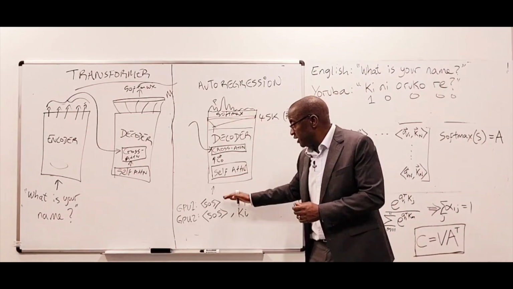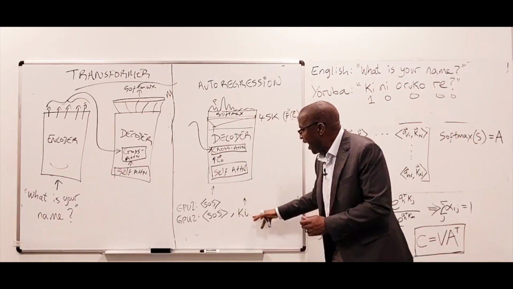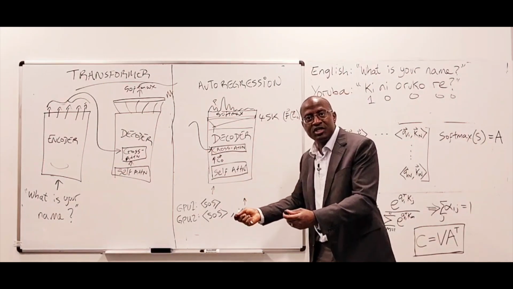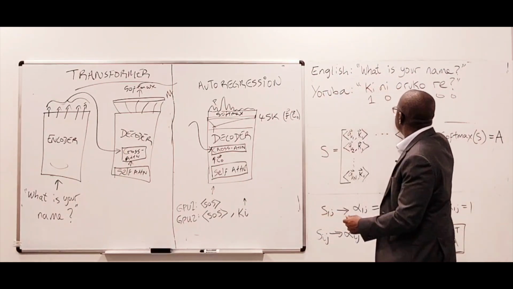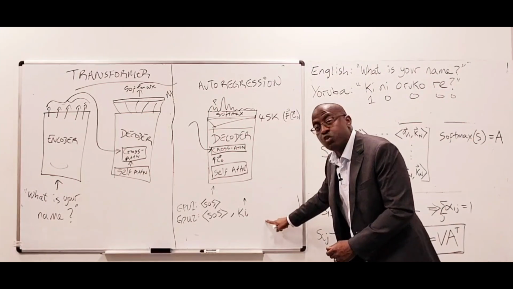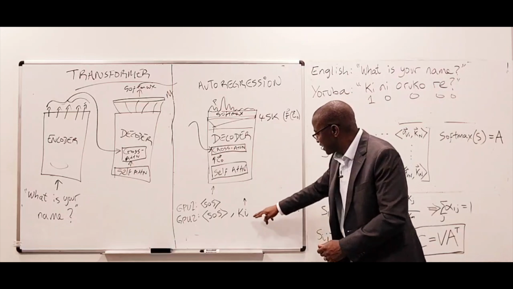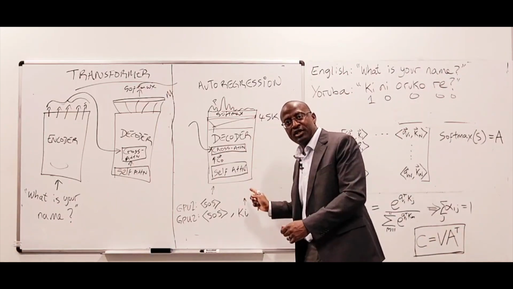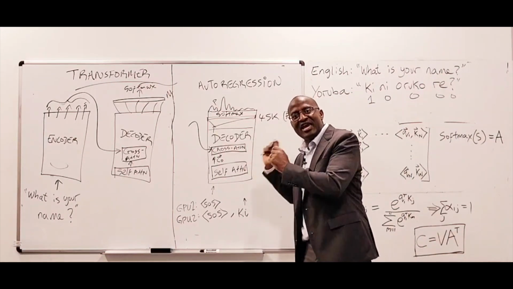And these things are independent of each other. This one has a different answer, a different target label. Its target label is what? Because it is attempting to generate the next word, which is ki-ni, it is ni.